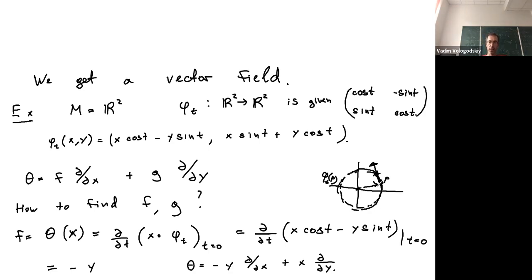So the velocity of a particle moving along this vector field is equal to the distance of my particle from the origin. Very good. That's the geometric meaning of the construction.